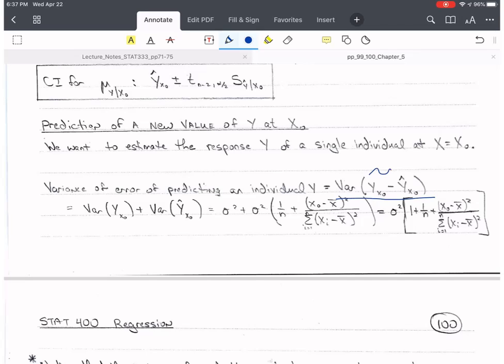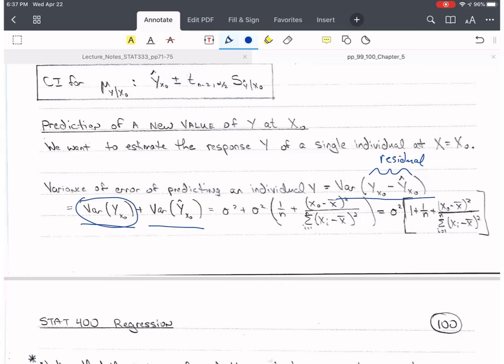This is the residual, y minus y hat at x naught. So again, the covariance is 0, so it's nice that we come out with the variance of y sub x naught plus the variance of y hat sub x naught.